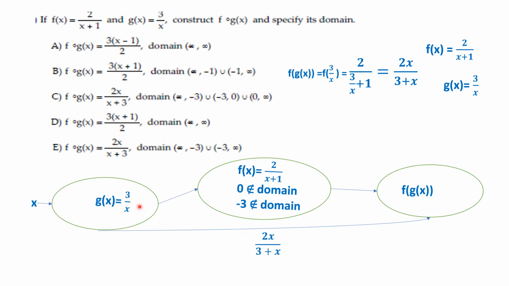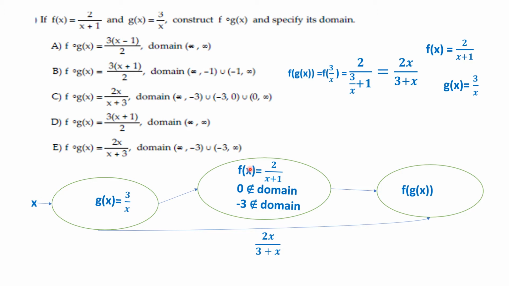So that means 0 is not going to be in the domain of f of x also, because f of x receives its domain value from the range of g of x, and g of x will never produce 0. For that, 0 is not in the domain of the function f of x.